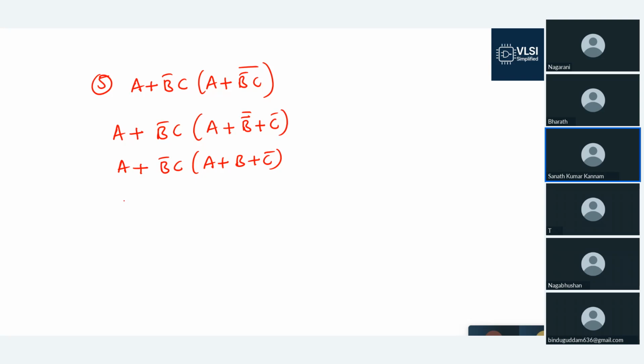Okay. Next you multiply. Anyway, this is 0 and this is 0. You know that A and A bar equal to what? 0.